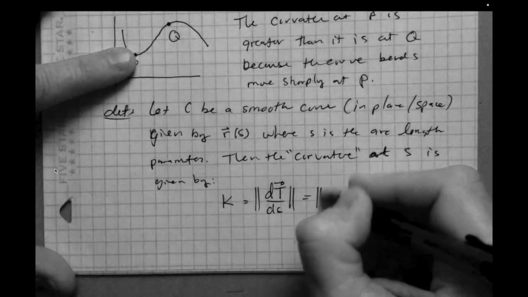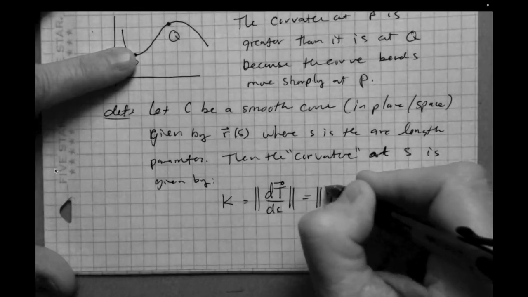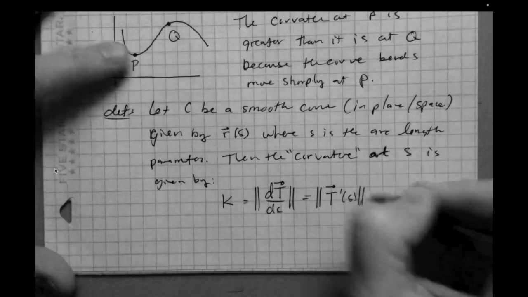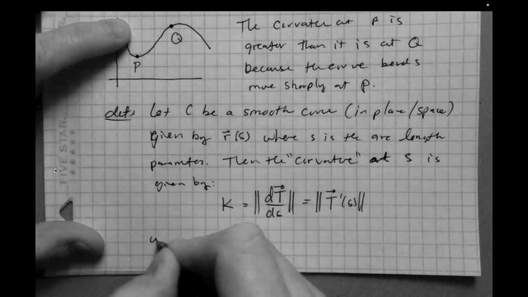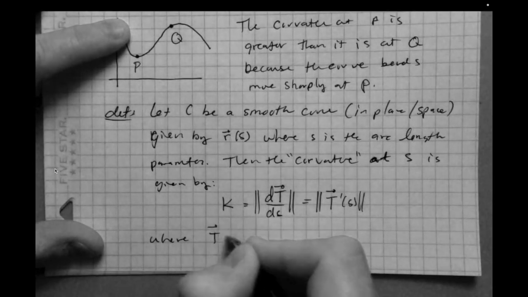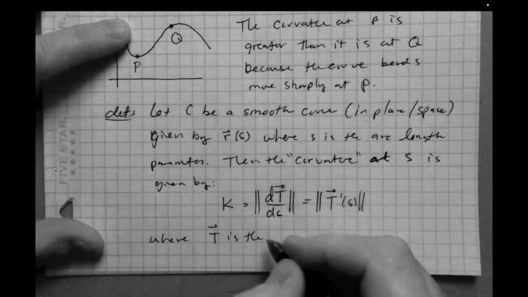Another way to write it is T prime of s. The unit tangent vector has to be parameterized by the arc length parameter, in order for this to work, where T is the unit tangent vector.